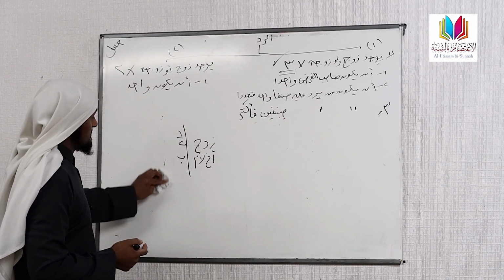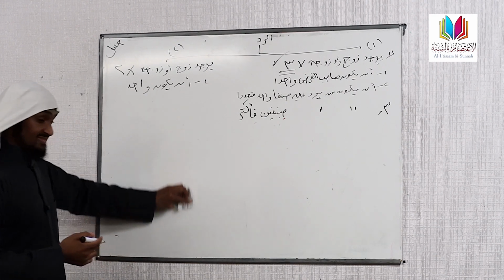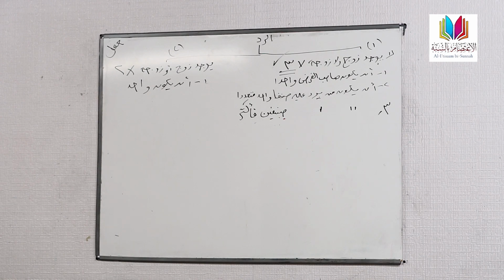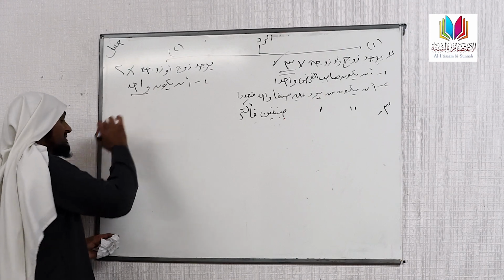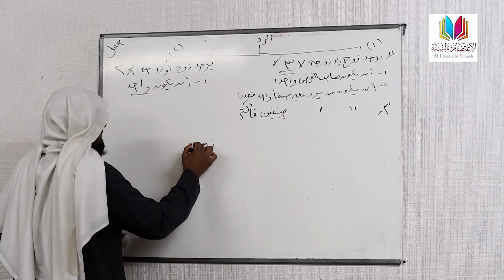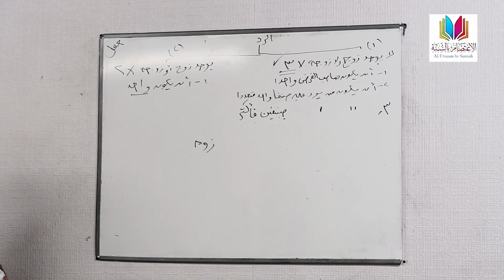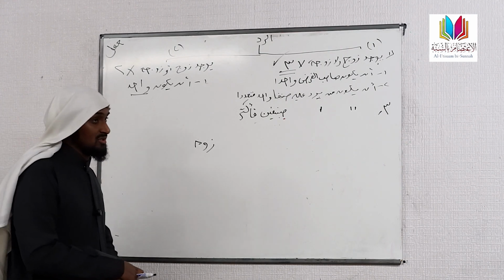Any other examples? Could there be more than one? Yeah, we're coming to that. But we're studying one person. Yakun wahidan. Zawj and who? Jad. Come on. Jad doesn't even meet the conditions. He's asaba, not in all situations, not in all scenarios.